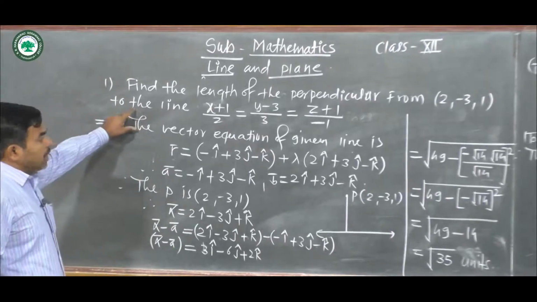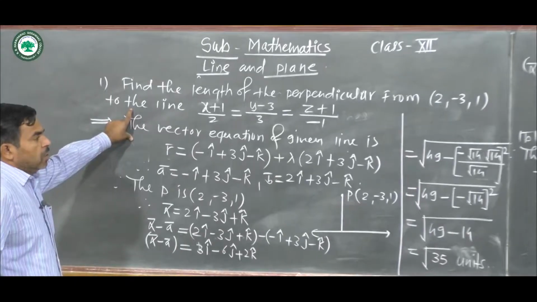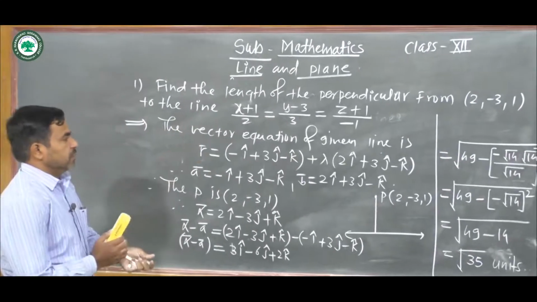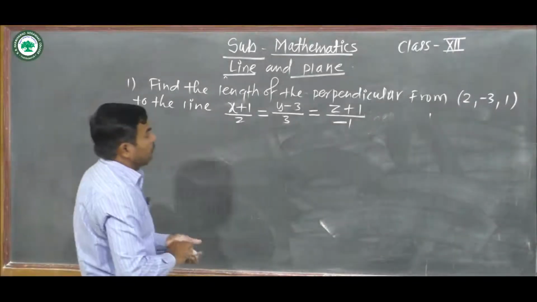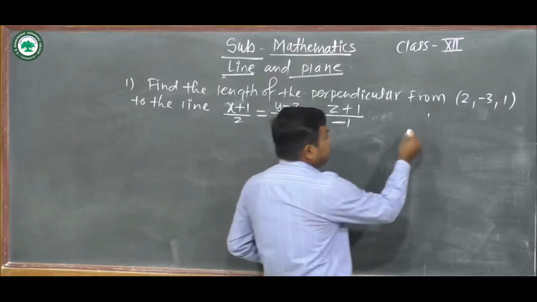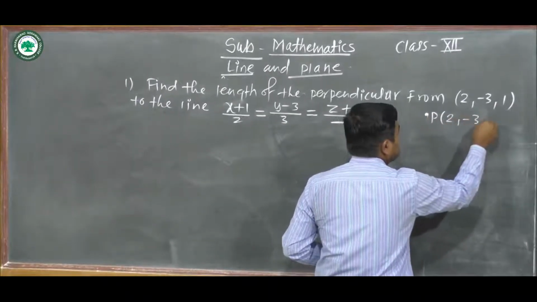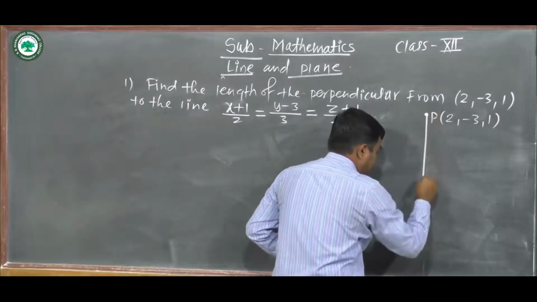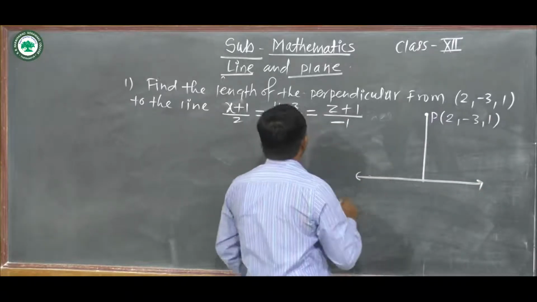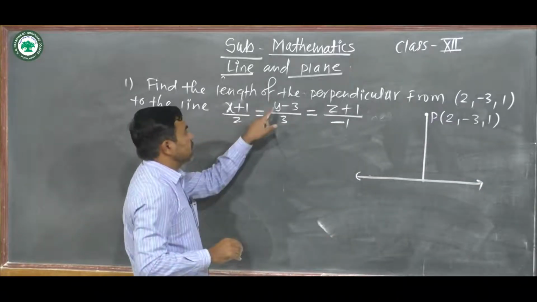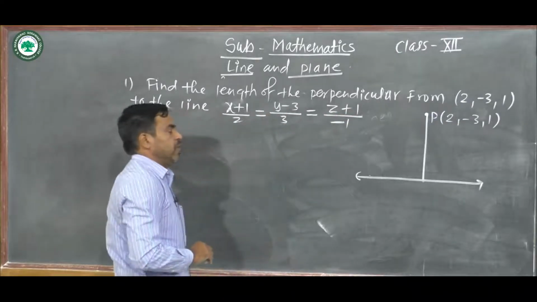Now this problem can be solved by an alternative method. So we see its alternative method. The problem is same. See, the point P is here, whose coordinates are 2, minus 3, 1, and line is this one, whose equation is x plus 1 divided by 2 is equal to y minus 3 divided by 3 is equal to z plus 1 divided by minus 1.